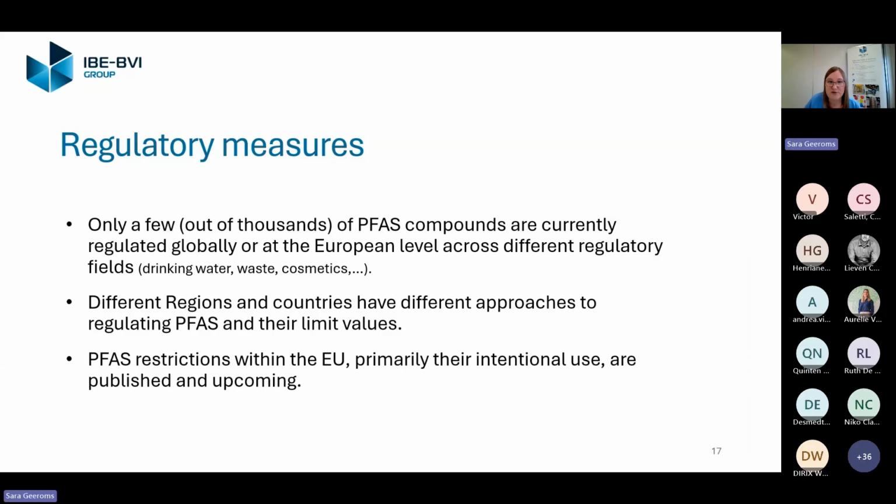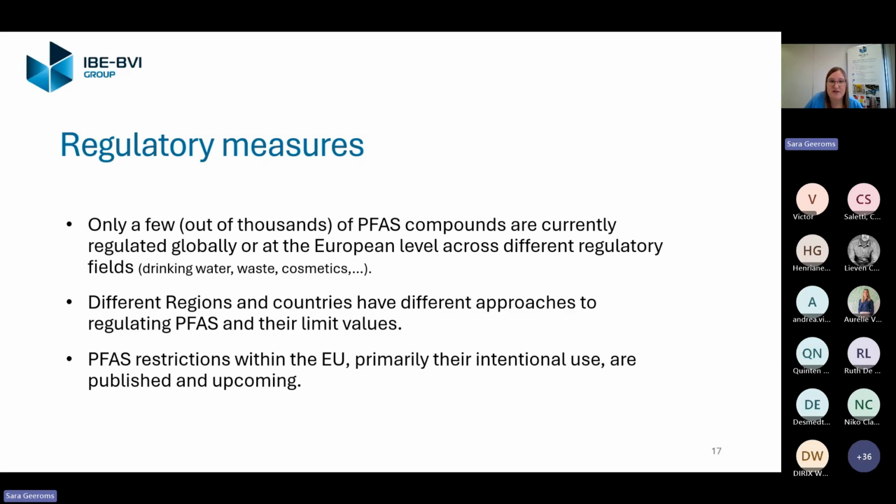Go to the regulatory measures. In general, we see that only a few out of the 1,000 PFAS compounds are regulated on a global and European level across different regulatory fields. Of course, packaging and packaging waste is a bit of an exception, because that one tackles the entire PFAS group.